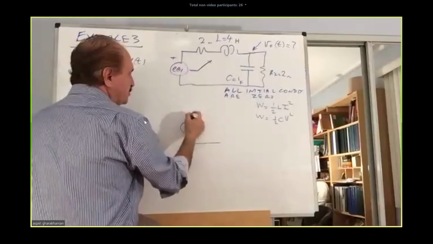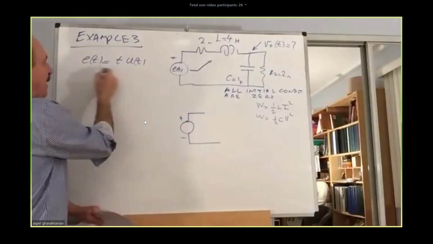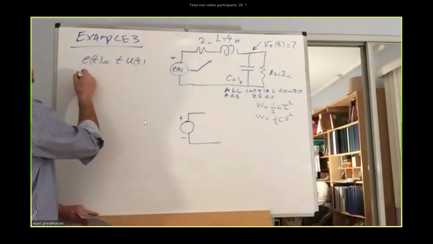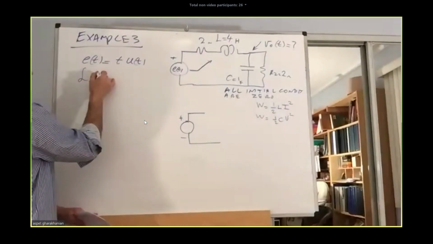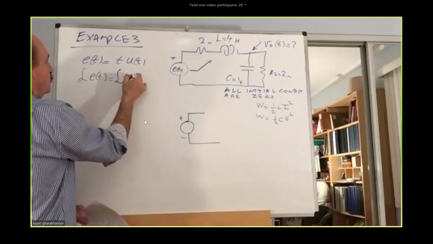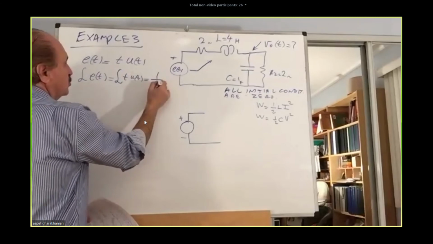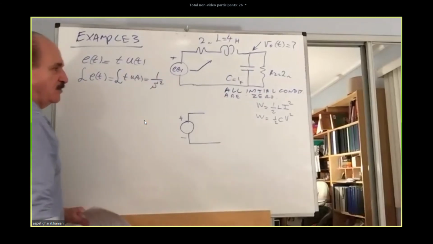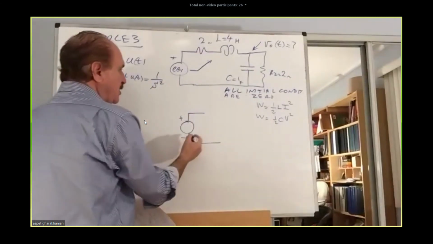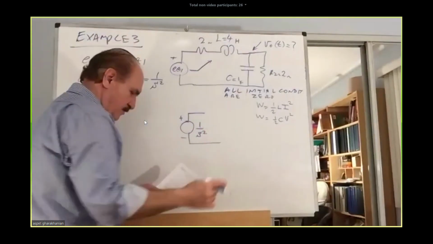Replace Laplaces for every single one. Laplace transform of E of t is the Laplace transform of t u(t), from the table 1/s squared. You get it from the table. So there is a source in here. The value is 1/s squared.